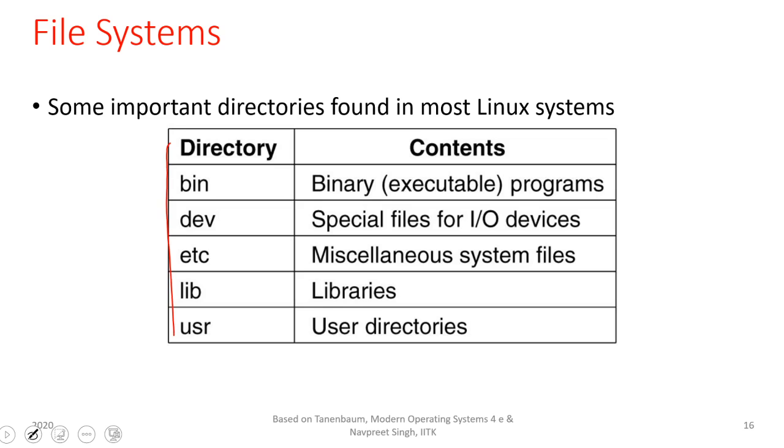Then there are some common directories that are found in typical Linux file systems. Again, bin for binary or executable programs, devices come under dev, libraries go under lib, usr for user directory. So these typical directories are common in most Linux systems.